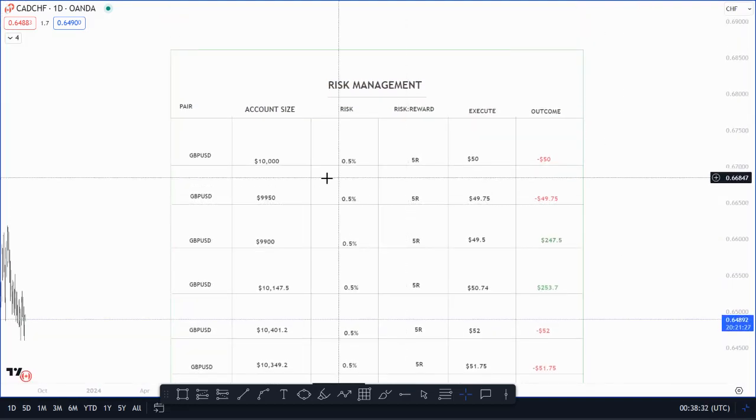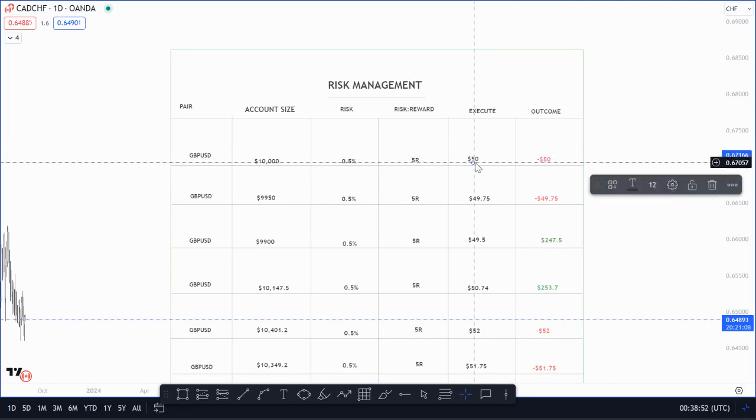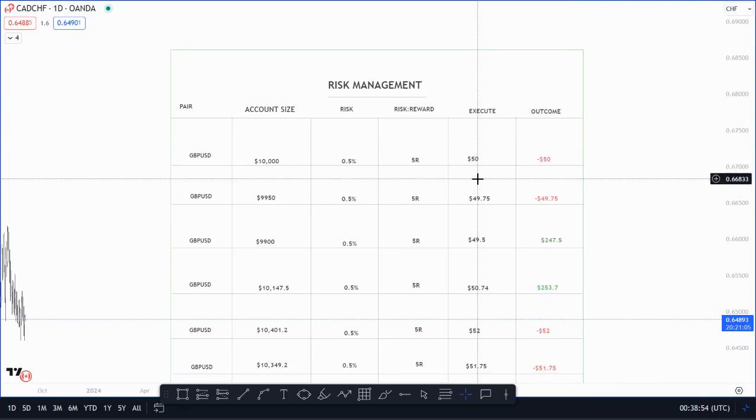For you to risk 0.5%, there's a certain lot size you're supposed to use such that even if the trade goes against you, you are only losing the 0.5% you are risking. You understand? So, that being said, I would show you how to calculate your risk management and how to do it better.